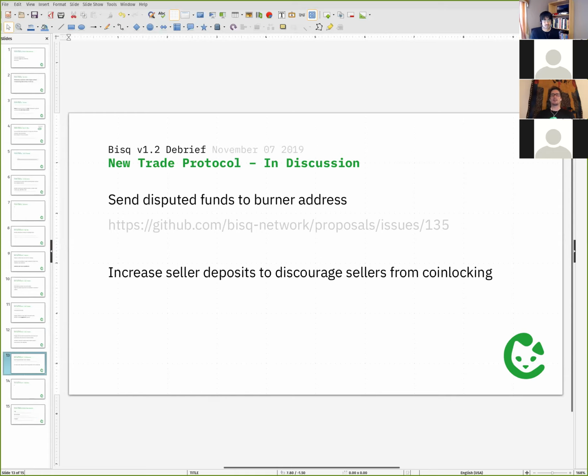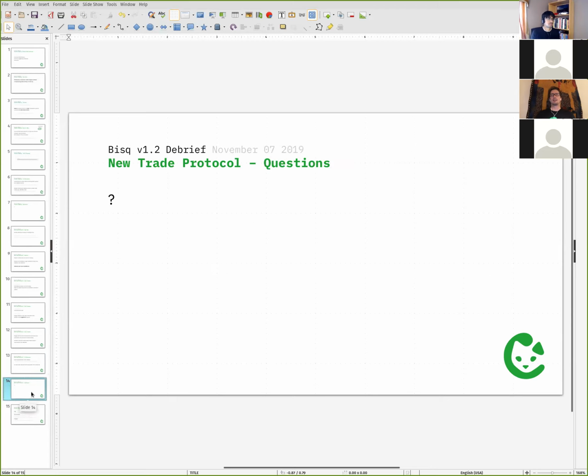If the arbitrator tried to clear the whole offer book, he was able to do so. He could just take all offers and create arbitration cases, dispute cases, and then just do a payout to himself. So we did have this risk before, without any time delay, so it could have been done immediately.